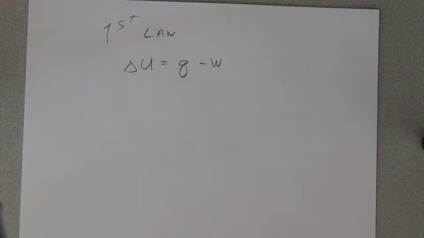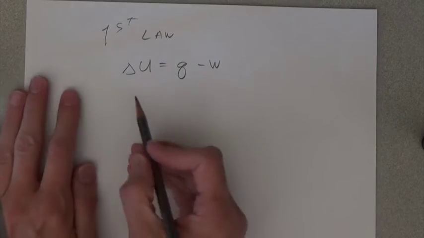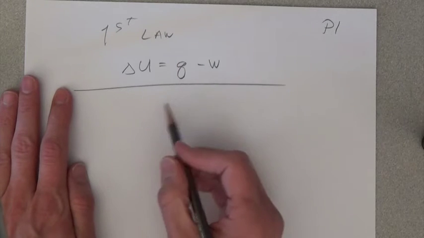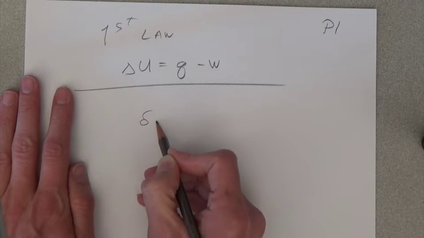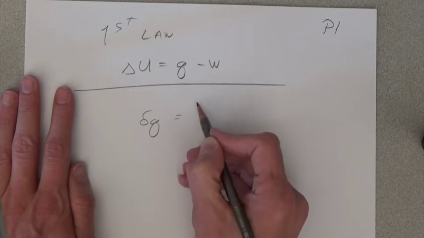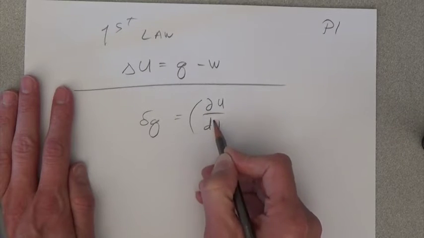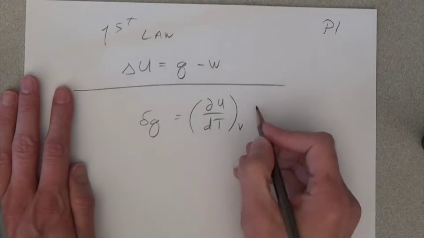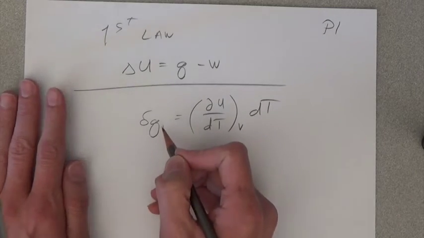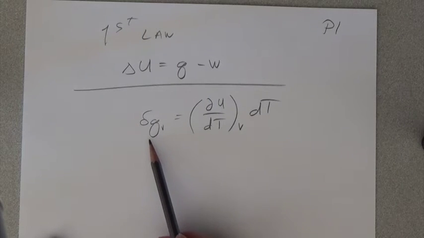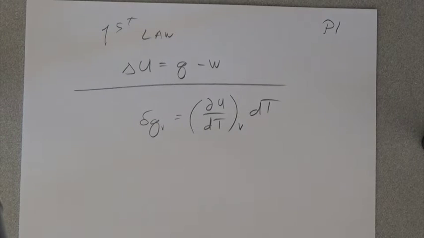Then we started talking about holding the work to zero, so having a workless system, and in particular, for our example, single component ideal gases, and we defined dQ_V equal to dU, the heat flowing into the system when the volume is held constant.